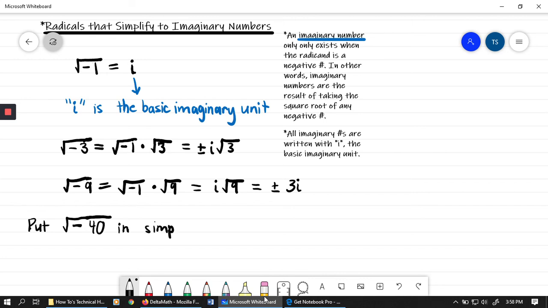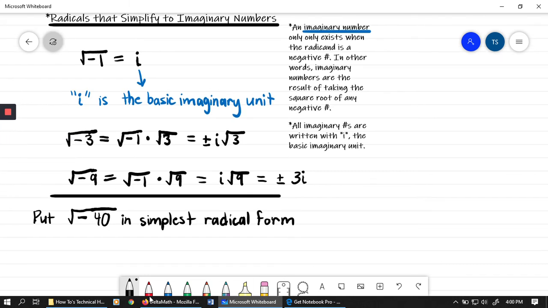So if we're asked to put the square root of negative 40 in its simplest radical form, or say we were solving an equation and got the square root of negative 40 as a result, what we'd want to do is similar to what we did earlier with the square root of negative 3. This is the same thing as the square root of negative 1 times the square root of 40.